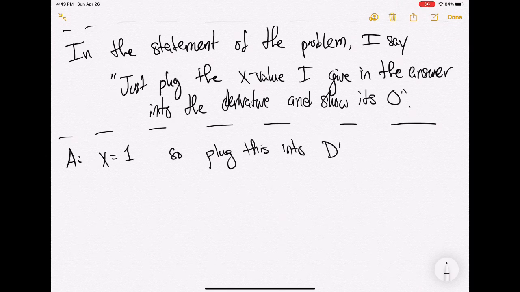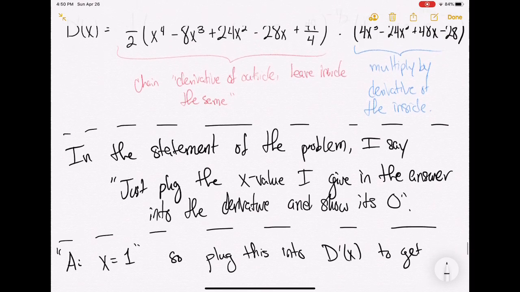Into d prime to get d prime of 1 equals, so I put that in quotes, right? That's the answer that I gave.